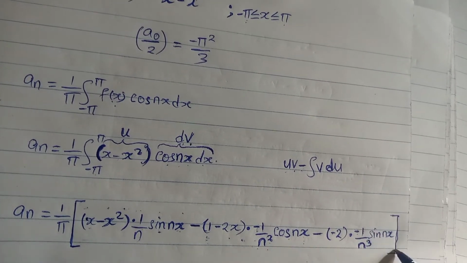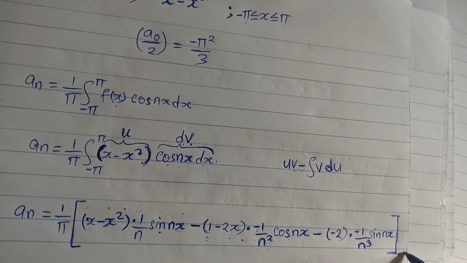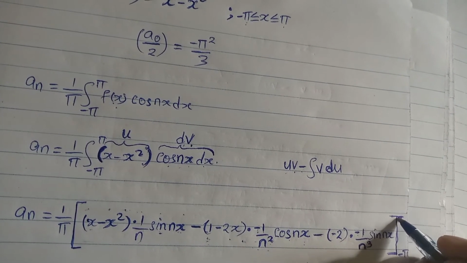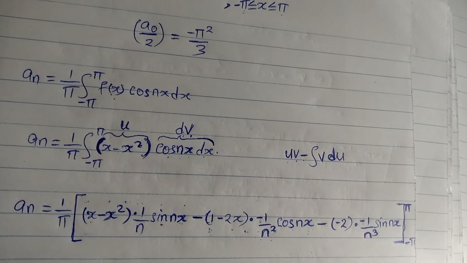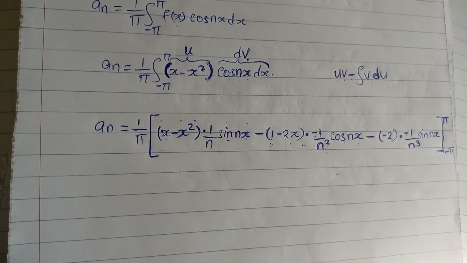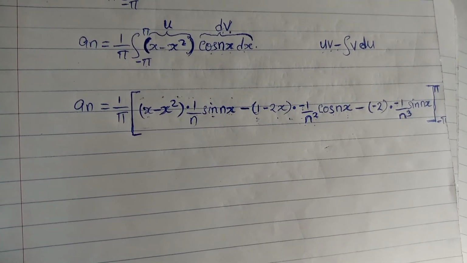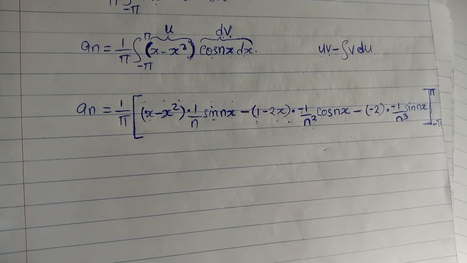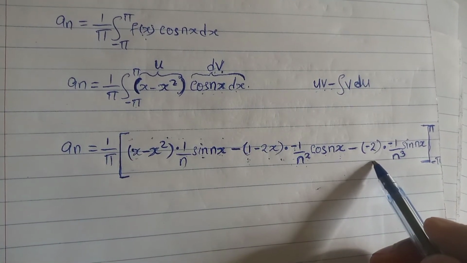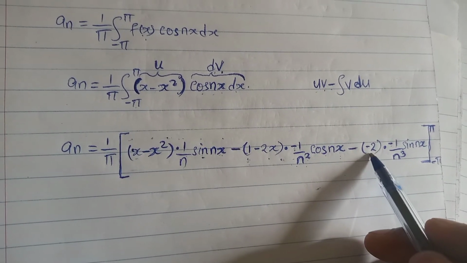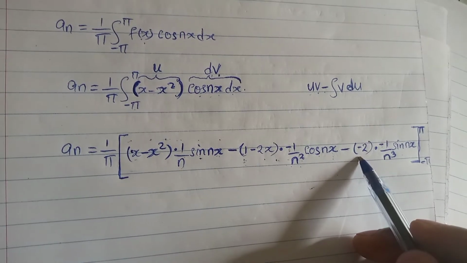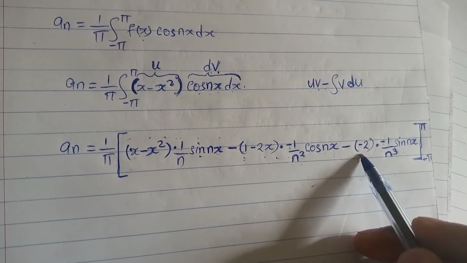And then remember that we are working with our limits, negative pi to pi. Before we proceed, when you look at our third part, if you differentiate this one as you integrate that one, because this one does not have any x, it is a constant.